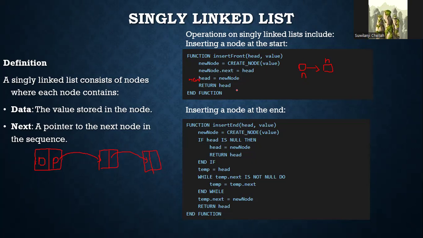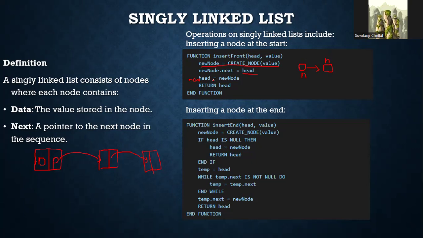This is a little bit tricky, but that's the whole idea behind it. So first we have our head. Then we create a new node, which is this guy. Then new node dot next is going to contain the data of the previous head, which is this variable here.